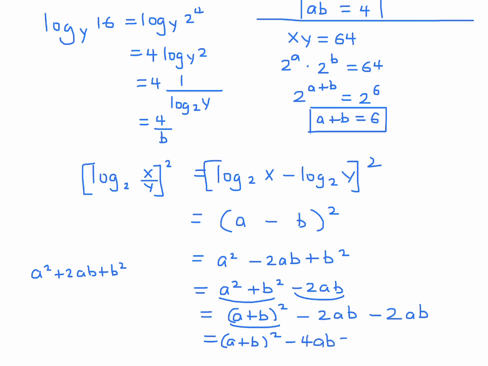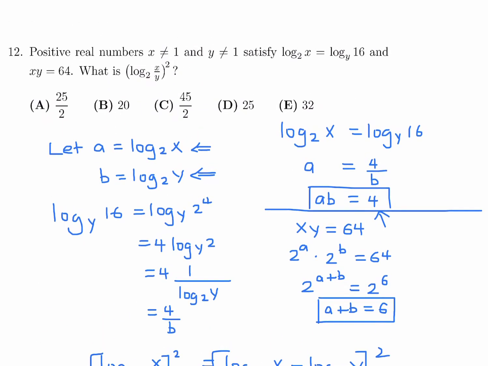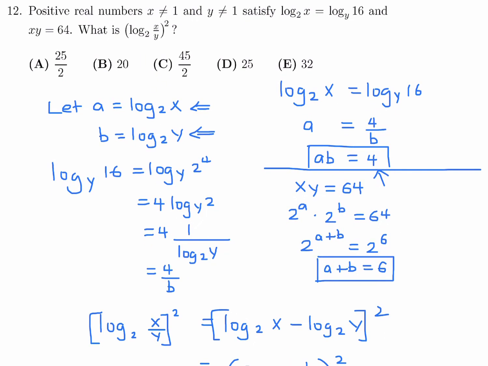So as you can see, we had to do a little bit of manipulation. Okay, well, a plus b we know is 6, so that's 6 squared, minus 4 times ab, which is 4. So that's 36 minus 16, which is 20. And there you go. So number 12, the answer is B.